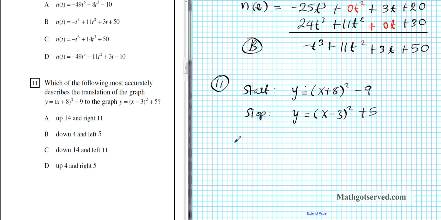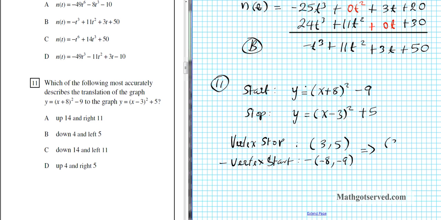All we have to do is take the vertex of the stop minus the vertex of the start. That tells us how much the move is. The vertex of your stop is the terminal vertex, which is (3, 5). You subtract the vertex of where you started from, which is (-8, -9).